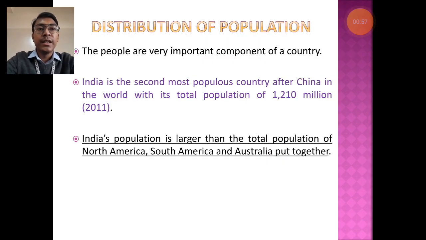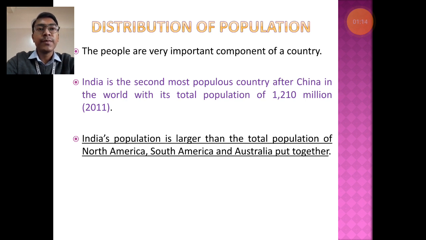See. The people are a very important component of a country. Basically, the population or the people are the most important component of a country because it is because of the people that a country is known.